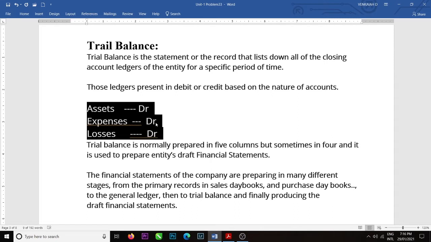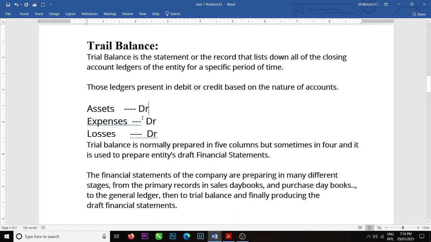Those ledgers are presented in debit or credit. Which accounts are present in debit? Those are assets, expenses, and losses. What may be the opposite of assets? Liabilities.